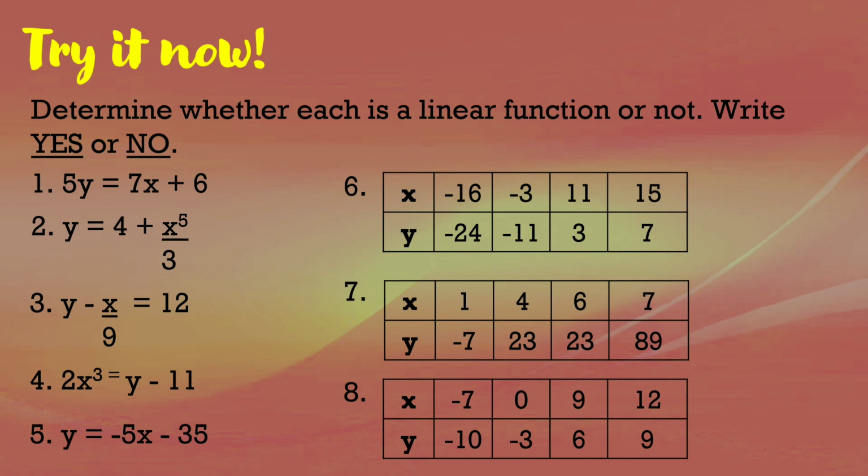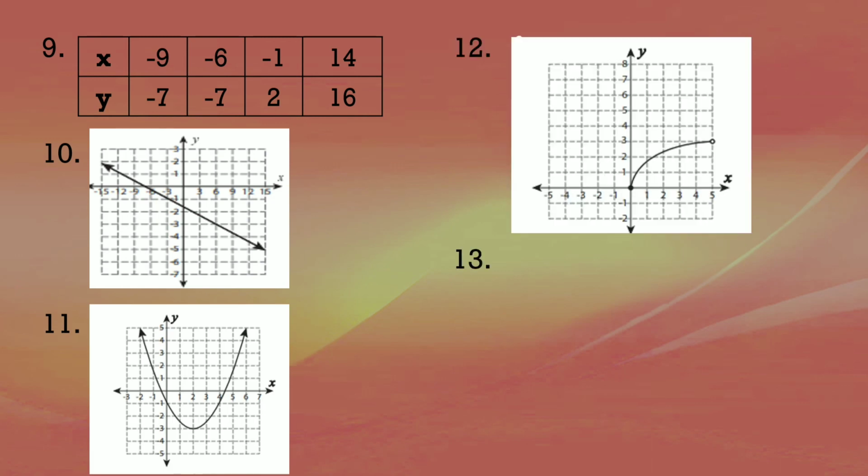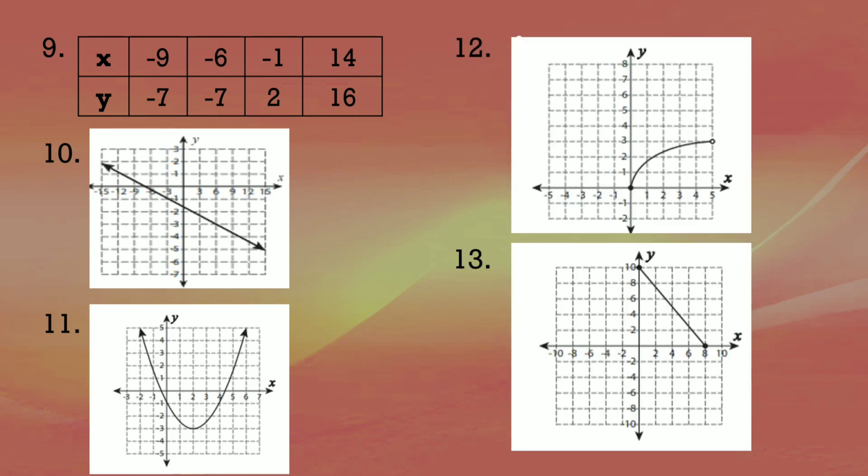Dapat equal si x, equal si y ang kanyang difference. Okay? At kapag graph, ang graph ng linear function ay dapat straight line. Kapag hindi siya straight line, hindi na siya linear function. Yun lang naman. Kailangan kilalanin mabuti si linear function para hindi kayo mahirapan.